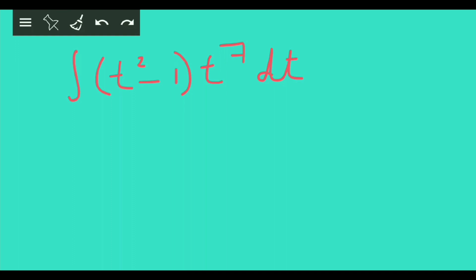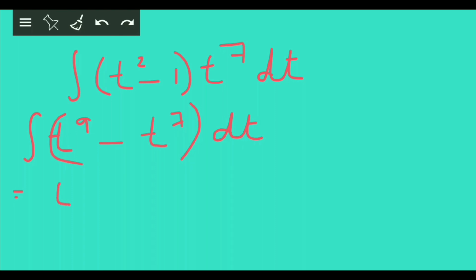Now we can open the brackets. So t square into t raised to 7. You know that when two numbers are multiplied, their powers are added. So this becomes t raised to 9. Minus 1 into t raised to 7 is only t raised to 7 dt.